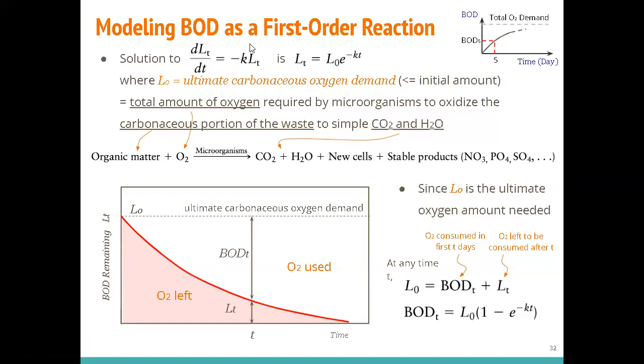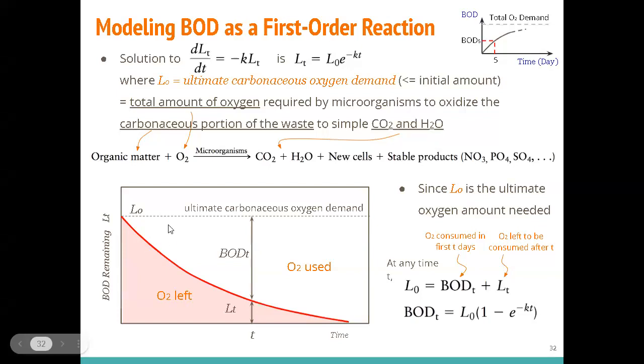Okay, so what does it tell you? This equation, the solution, tells you that the BOD left, or the organic matter left, is decreasing over time. Even though you are measuring the dissolved oxygen, you are telling yourself that you are measuring the organic matter. So organic matter is decreasing.